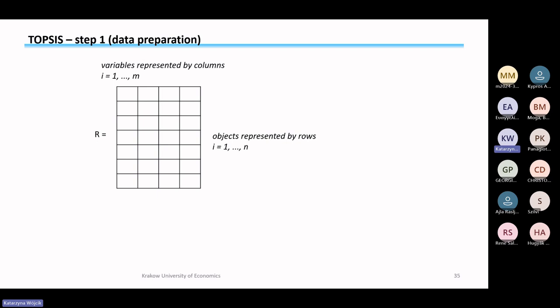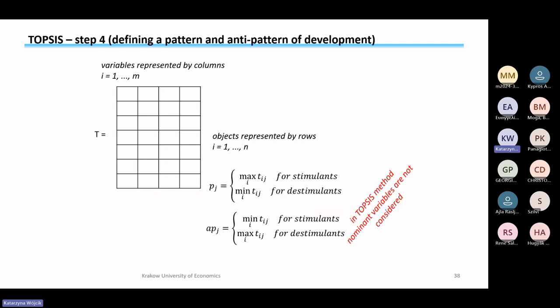So in this case, variables are represented by columns and objects are represented by rows. So the same structure as in the previous examples. First, data normalization. Then we've got weighting of data. We are not using nominant variables in the Topsys method, only stimulants and destimulants, and there are differences.